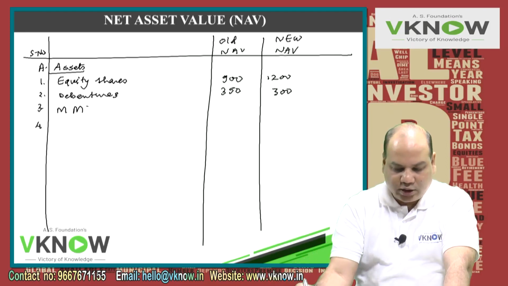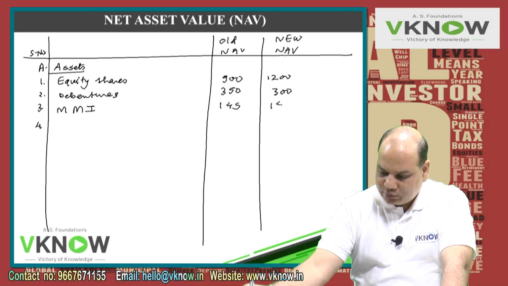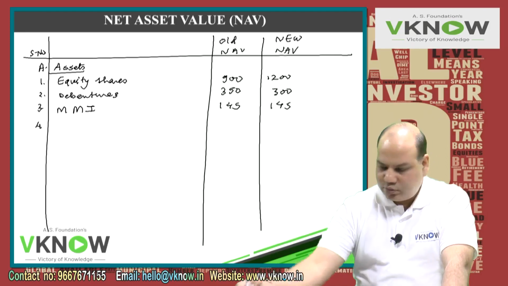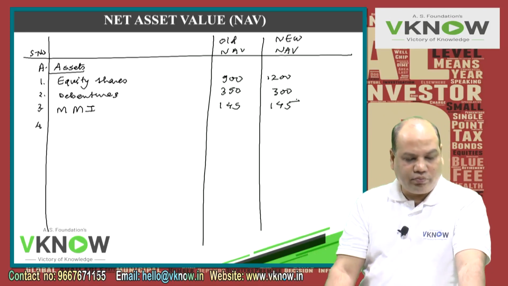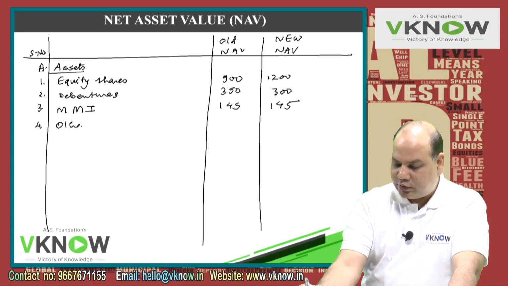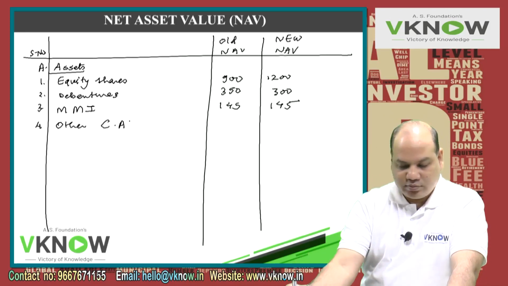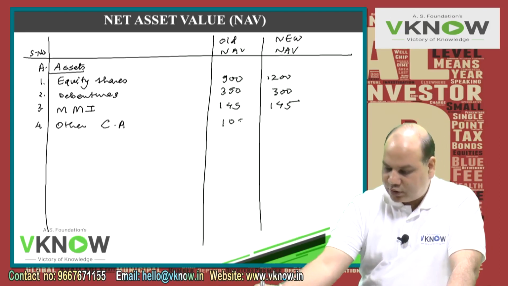Money market instrument 145 because question has not mentioned anything about money market. Now other current assets, don't write CA, current asset 105.